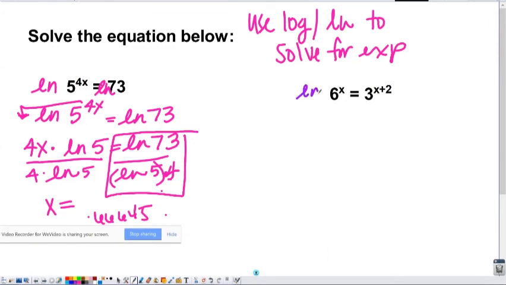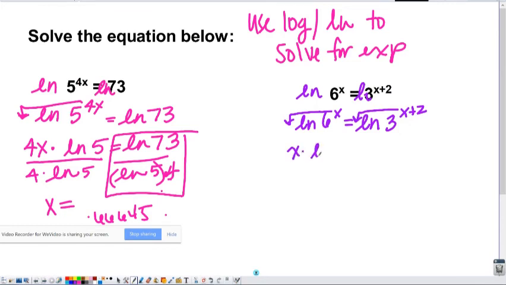Okay, so first thing I'm going to do is take the natural log of both sides. So natural log of 6 to the x is natural log of 3 to the x plus 2 exponent. I'm going to bring the exponents down in both cases.